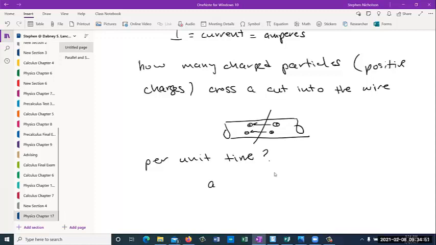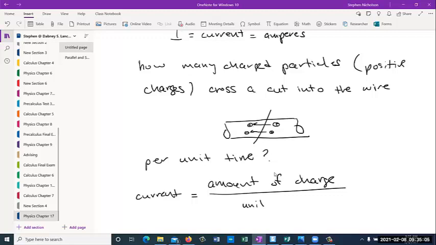So we're going to say the current is the amount of charge per unit time. Charge is measured in coulombs, and time is measured in seconds.